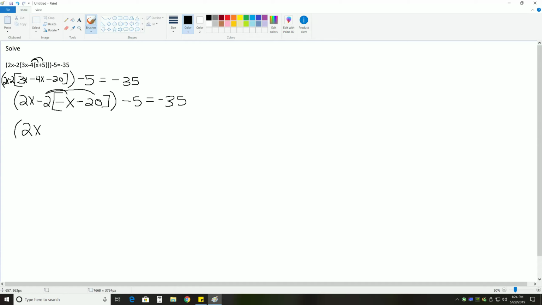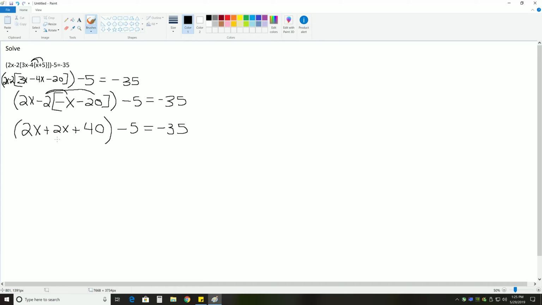Negative 2 times negative x is positive 2x, and negative 2 times negative 20 is positive 40. We now remove our brackets because we distributed the negative 2, but we still have that parenthesis, and now a minus 5 equals negative 35.